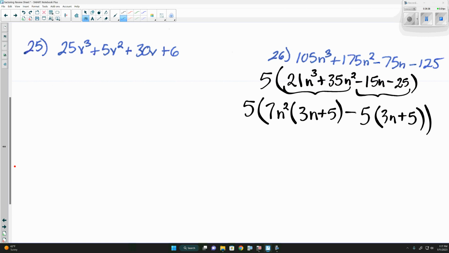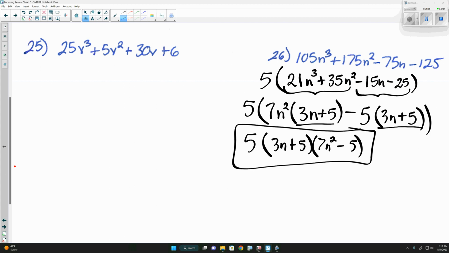So we have this here, yes? 5, parentheses. Because what can we factor out of both? And if we factor it out of our first one, we're left with, and then minus 5. And that's it.